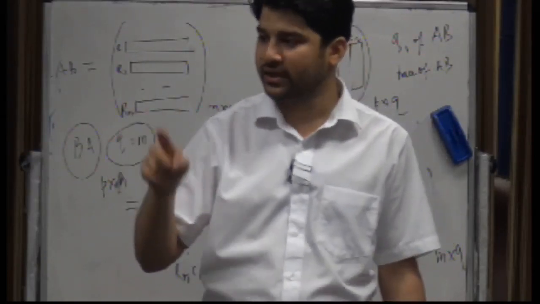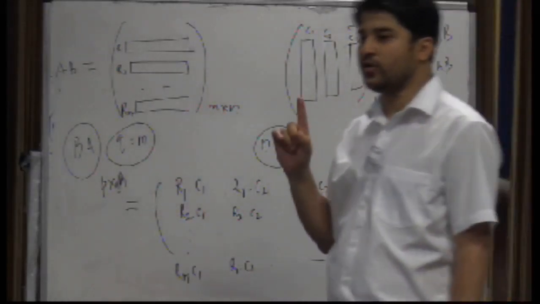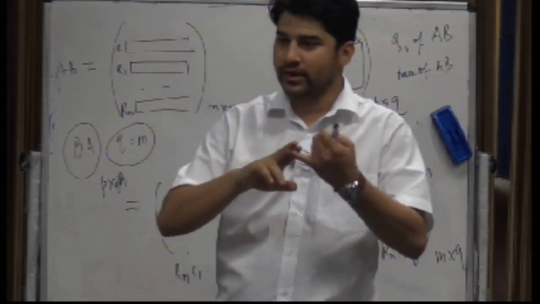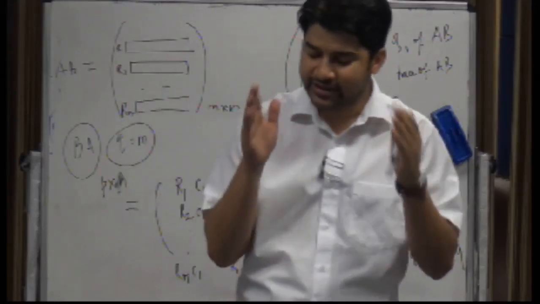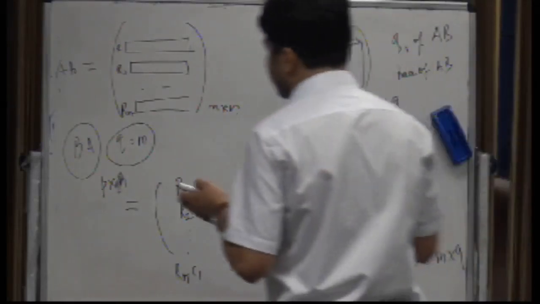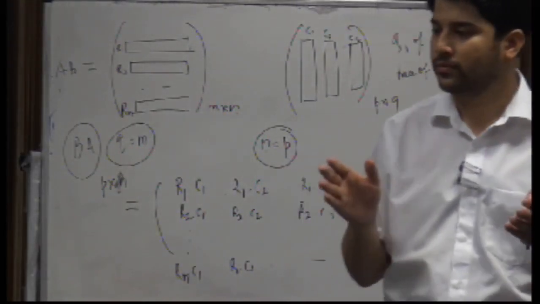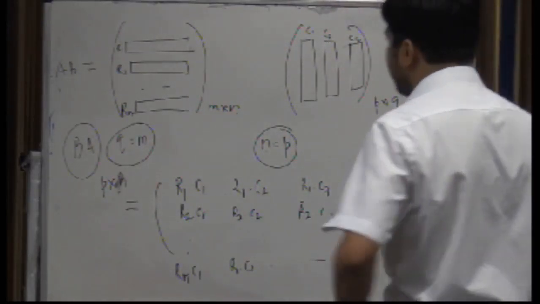Then only we can say they are equal. So matrices are not commutative in nature, but sometimes they are. Write this under multiplication properties: matrices are not commutative.